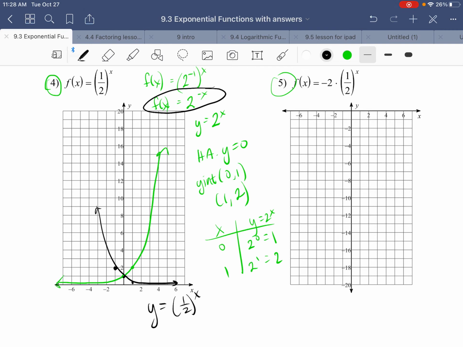So we can look at number 5. F of x is equal to negative 2 times 1/2 to the x. So I've already graphed this thing. I know what it looks like. Now what effect does this negative 2 multiplied in front have? Well, it does two things.